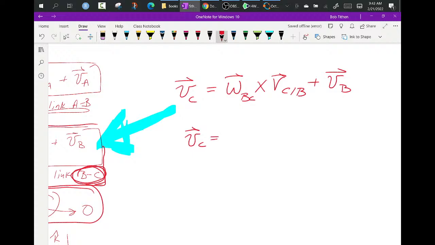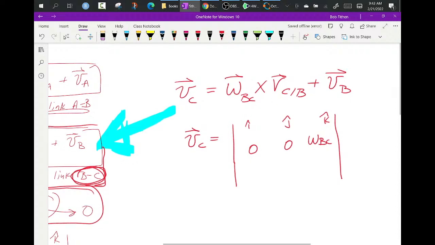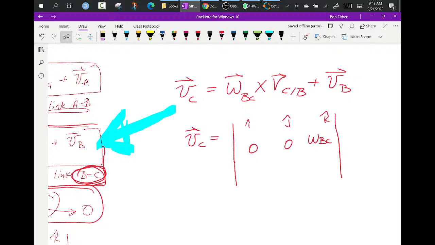And I got velocity of C, I, J, K. I do not know omega BC, so therefore I'm going to assume it to be positive, as always. And then I'm going to draw a vector that originates from B and points to C.